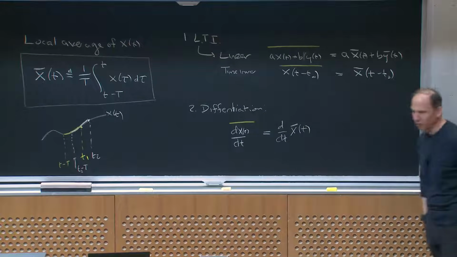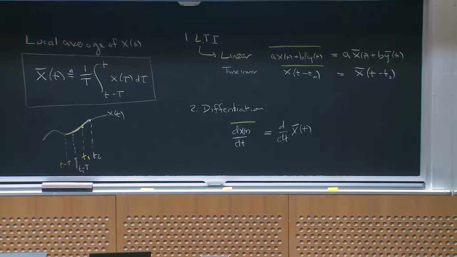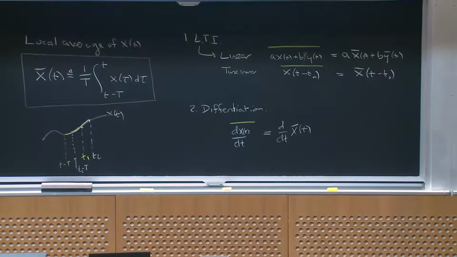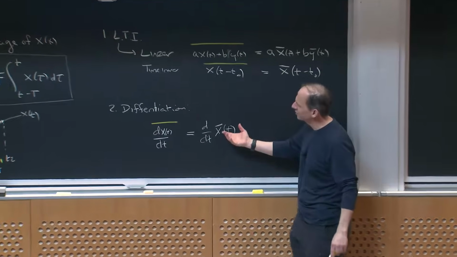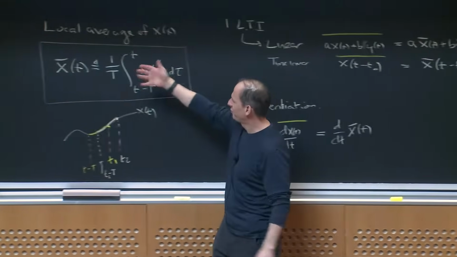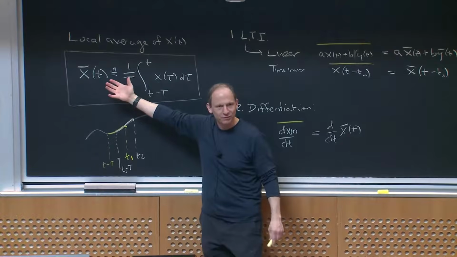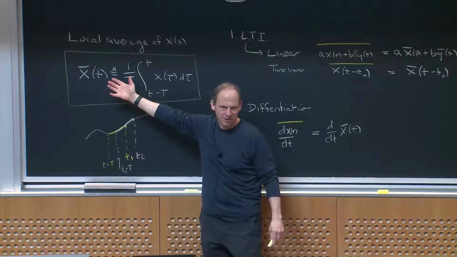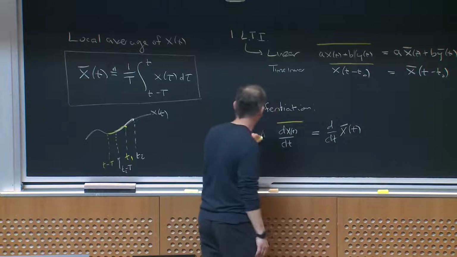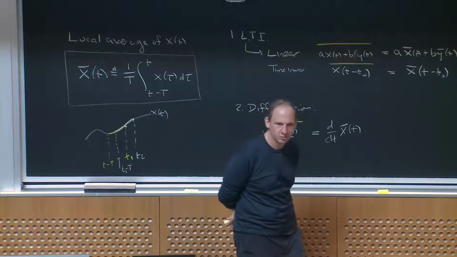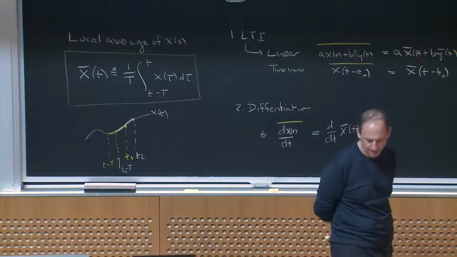That is, the derivative of the local average is the local average of the derivative. Why is that true? Because I can interchange the order of differentiation and integration, and I get back the same thing. And this property turns out to be very useful for modeling, as we'll see in a minute.